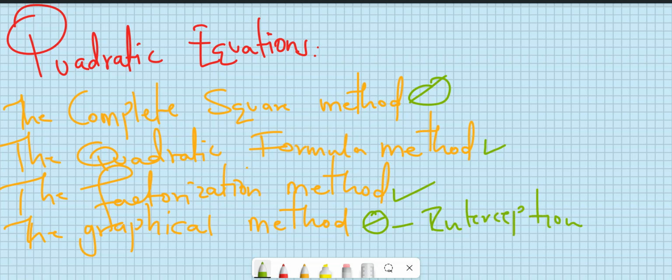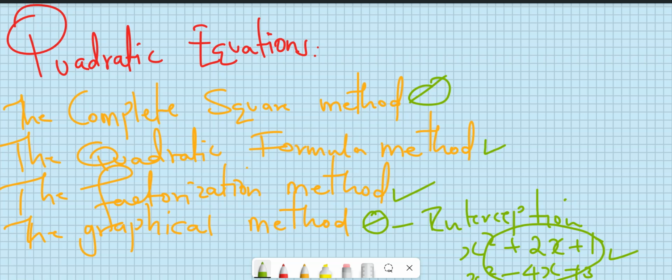So you draw two graphs, let's say x squared plus 2x plus 1, and then x squared minus 4x plus 3. Then where the two graphs intersect, that's the solution. So that's the graphical method. But I'll deal with factorization method more and just try to explain what actually happens in factorization method.